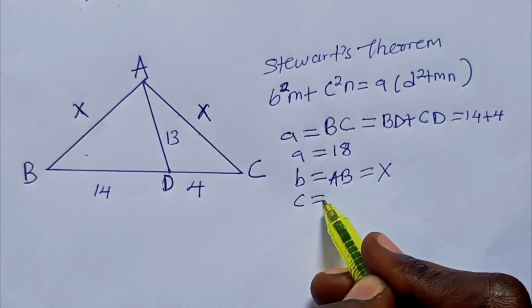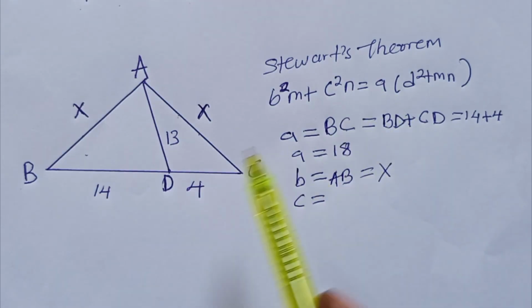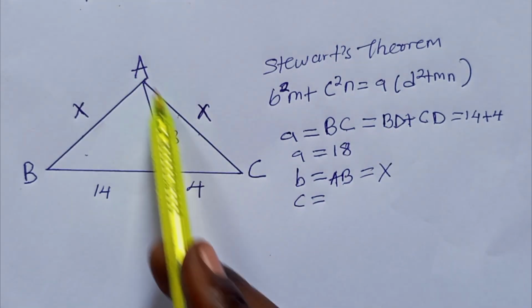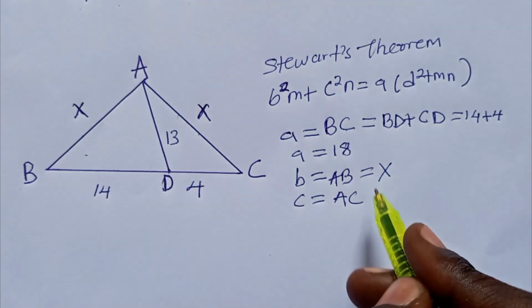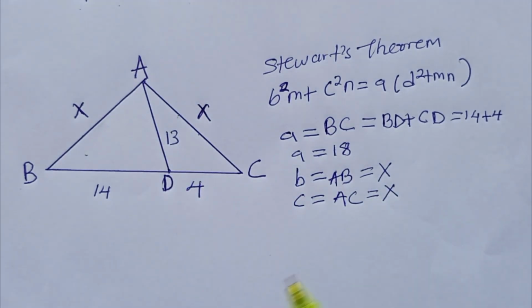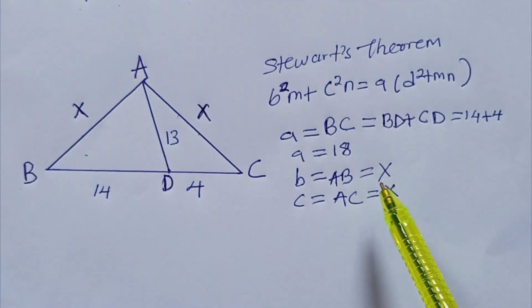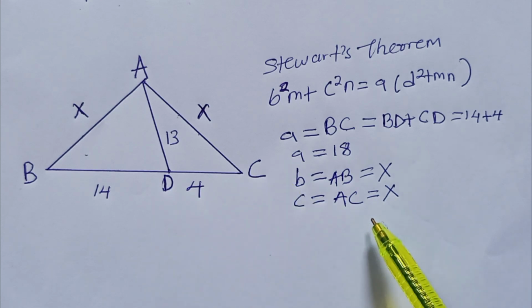Our c is the right side of this triangle, AC, which is also equal to x. You can observe that since AB equals AC, it's an isosceles triangle. That's just a point to note.